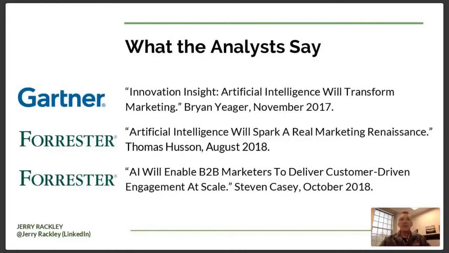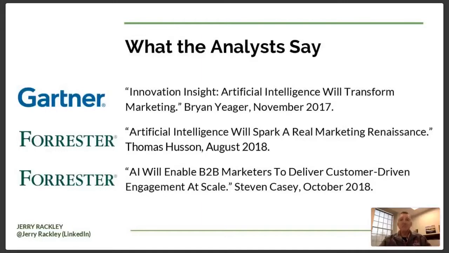So here's a sampling. In November of 2017, Gartner published some research, and this report tells us that while AI is still emerging, enterprises are actively experimenting with AI applications. And the headline says a lot: it's going to transform marketing.